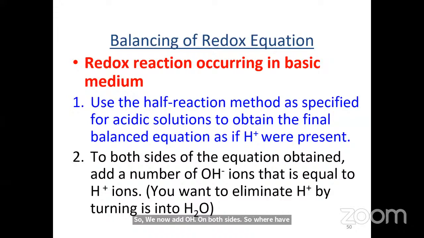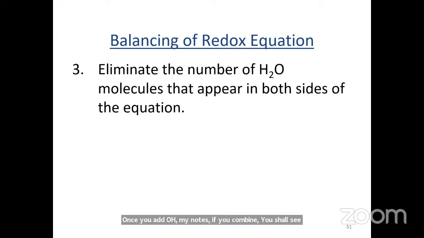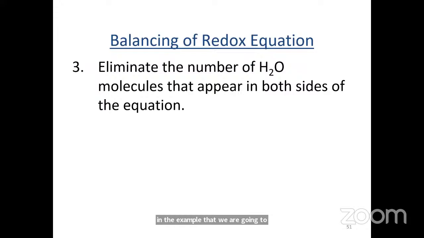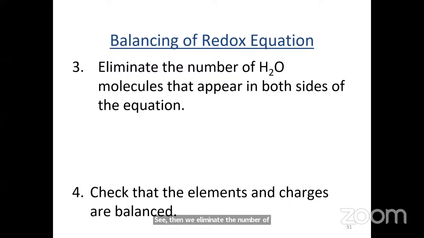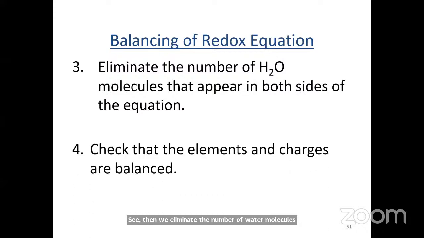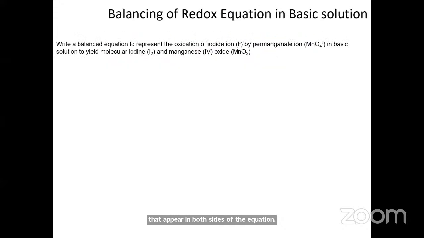Wherever there is hydrogen ion, once you add OH-, it will combine to form water. We shall see in the example that we are going to take. Then we eliminate the number of water molecules that appear on both sides of the equation. And as usual, we check that the elements and charges are balanced.